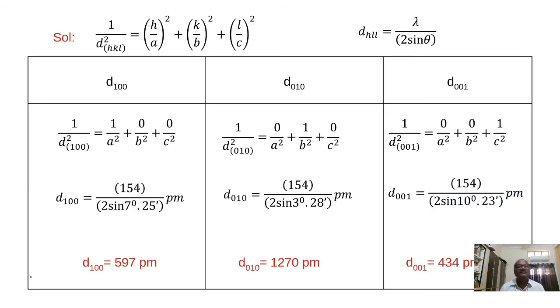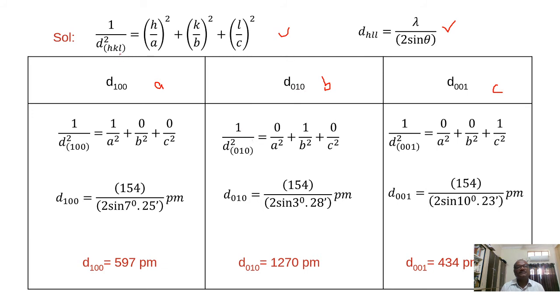You can see this table. These two formulas we are using here to calculate the dimensions of the unit cell. When you are calculating d100, you are calculating a, you are calculating b here, you are calculating c here. Already we have discussed this. Similarly, for 010, h value 0, k value 1, l value 0.